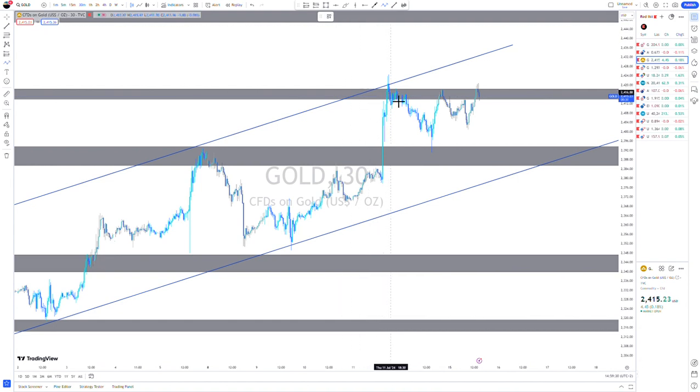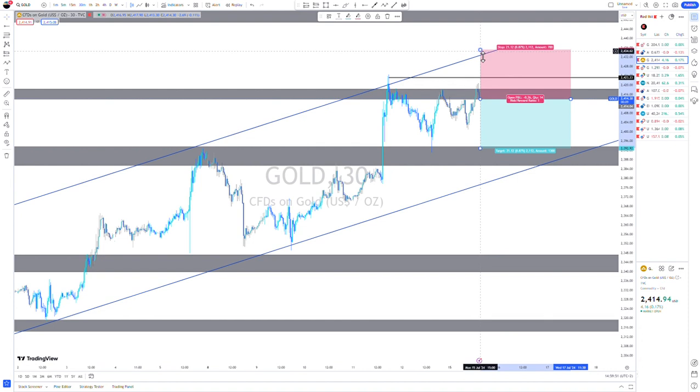The market came up, rejected this level for the first time, rejected it for the second time, and now it's rejecting it for the third time. So I wouldn't be surprised if the market just decided to go down and sell. So for now, right here, I'll be looking for sells because we are at a resistance level.